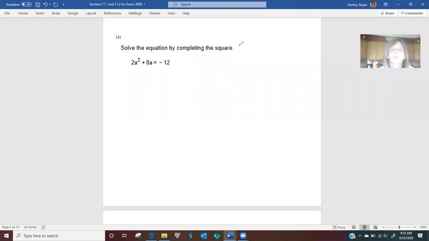Solve the equation by completing the square. So step 1 is you need x squared plus bx equals c. And what I mean by that is you need the constant by itself on the right, and in this case it's already there, but the coefficient of the x squared term has to be a 1.